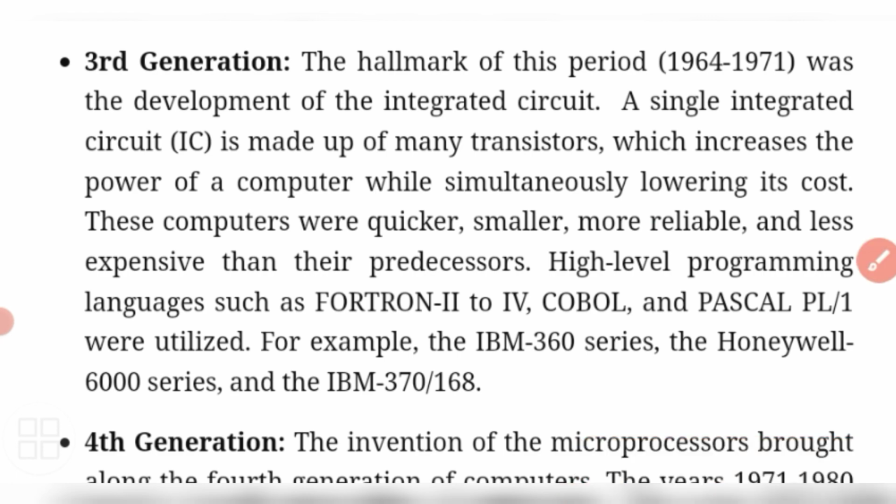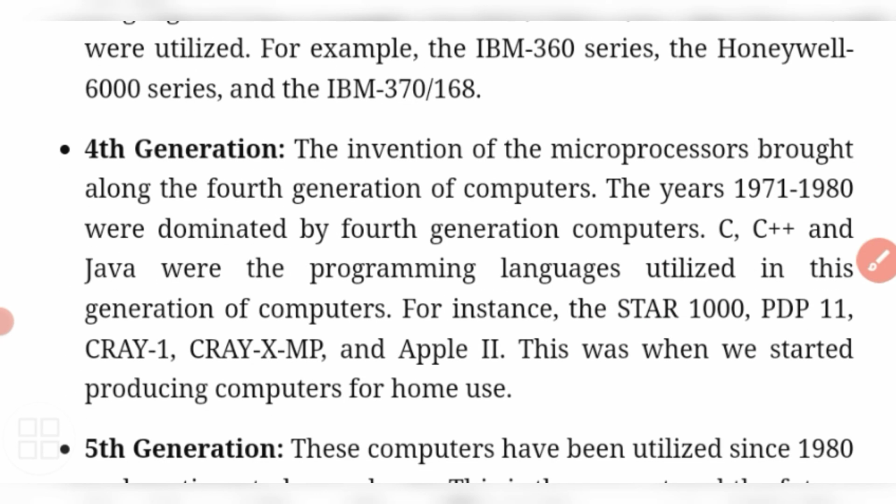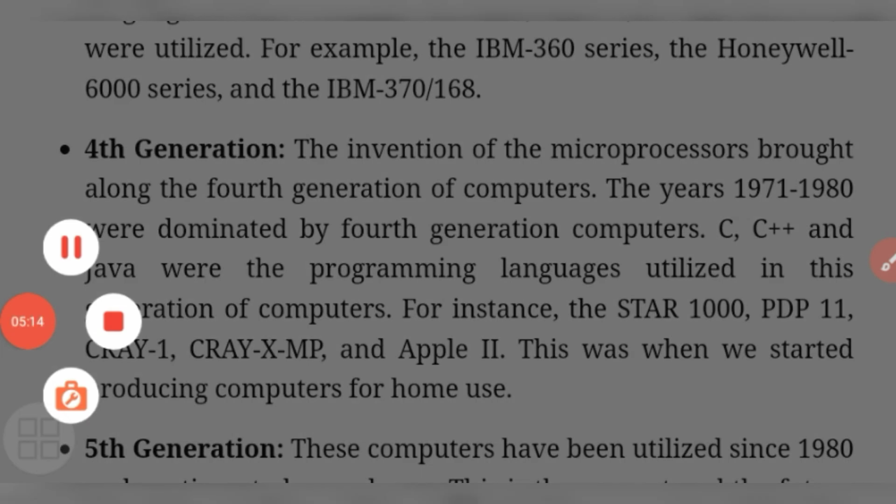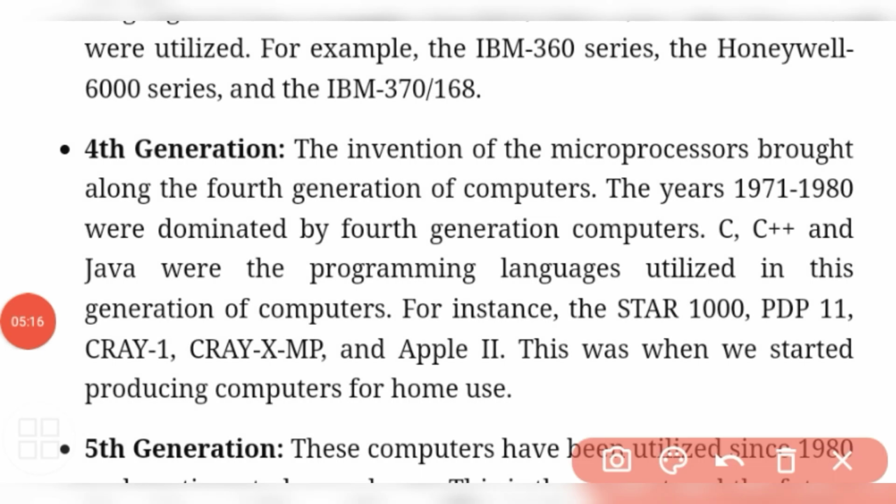After the third generation, we come to the fourth generation. In this generation the integrated circuits were more advanced; the invention of the microprocessor brought along the fourth generation of computers. The years 1971 to 1980 were dominated by fourth generation computers. C, C++ and Java were the programming languages utilized in this generation.